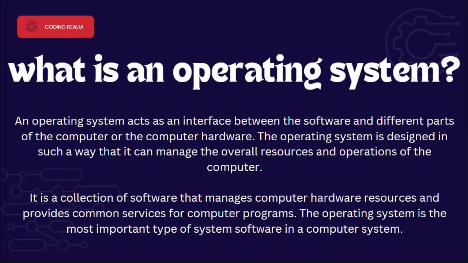Now let's talk about the operating system. An operating system acts as an interface between the software and the different parts of the computer, or the computer hardware. The operating system is designed in such a way that it can manage the overall resources and operations of the computer.